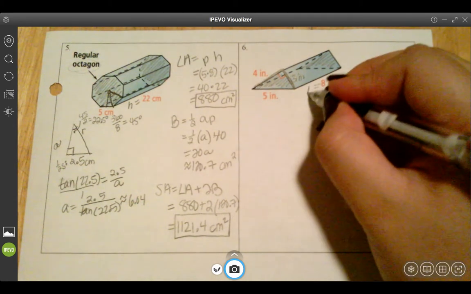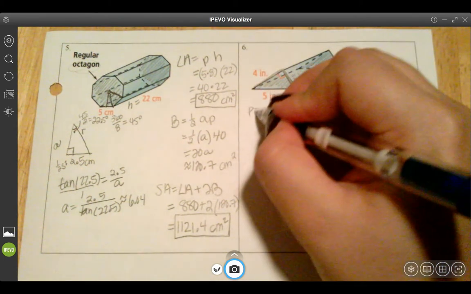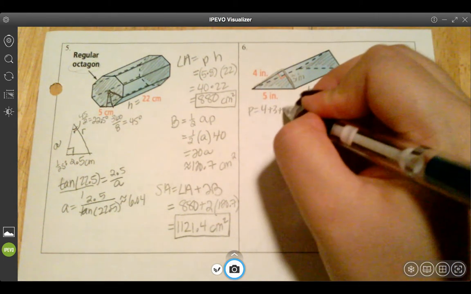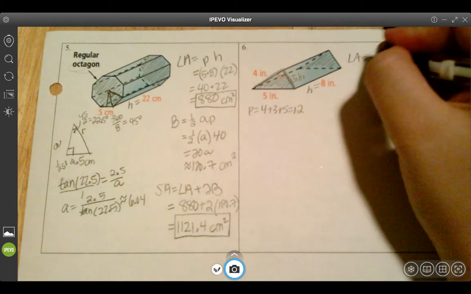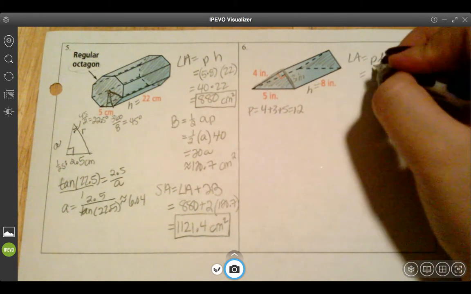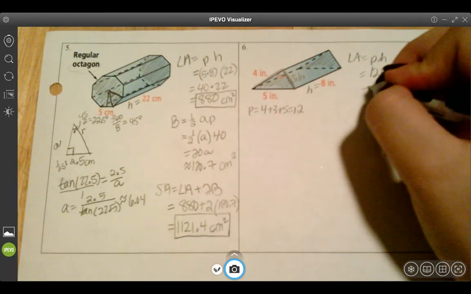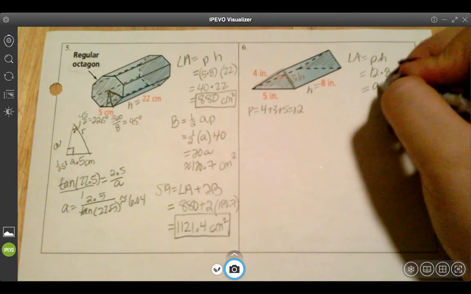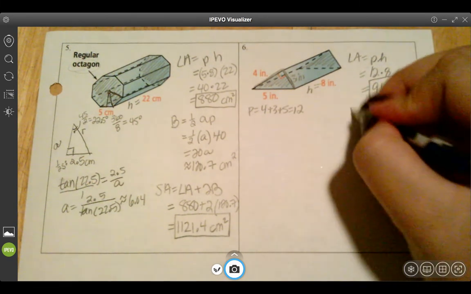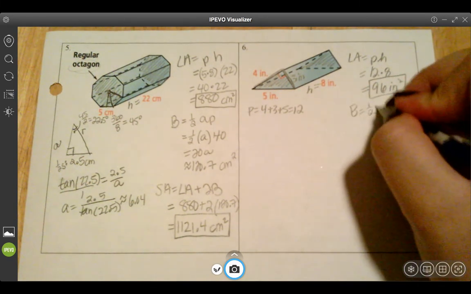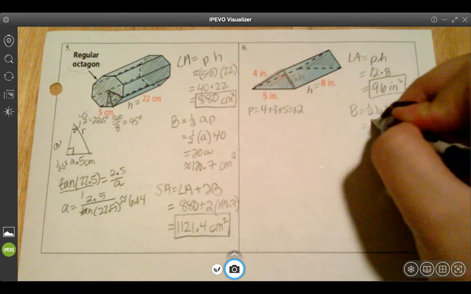That makes this our height. Perimeter, 4 plus 3 plus 5 is still 12. So our lateral area, perimeter times height, 12 times 8, which is 96 square inches. Area of a base, 1/2 base of the triangle times height of the triangle.